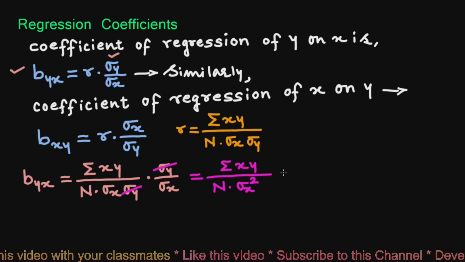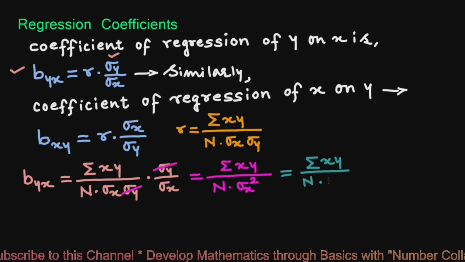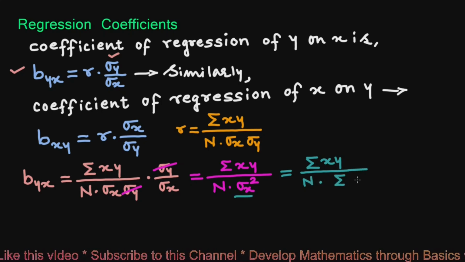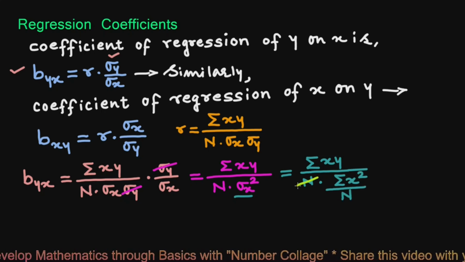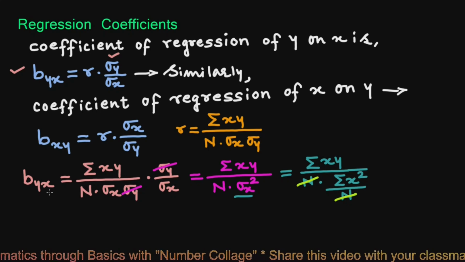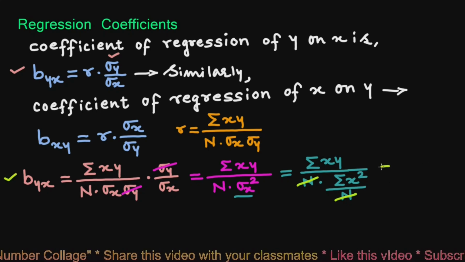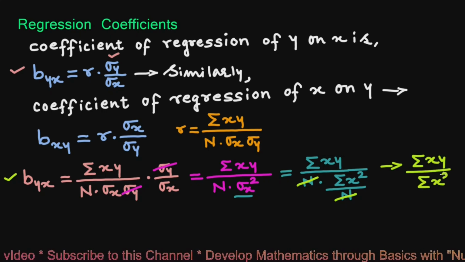Cancelling this sigma y, we get summation xy upon n into sigma x square. This we further write as summation xy upon n into, for sigma x square we write summation x square upon n. Cancelling this n with this n, we get coefficient of regression y on x as summation xy upon summation x square.